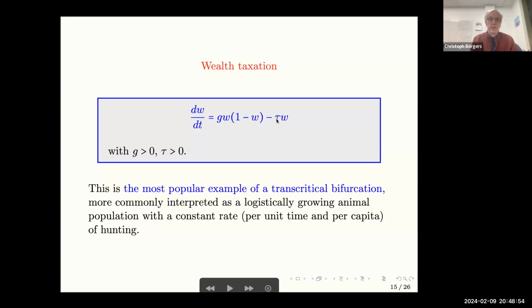If the rate at which you tax wealth is big enough, if tau is greater than G, then the only stable fixed point, to which every W will converge, is 0. So you will abolish the class of super wealthy people. They will have 0% of society's wealth eventually.